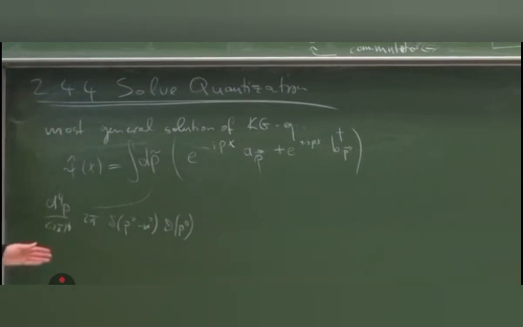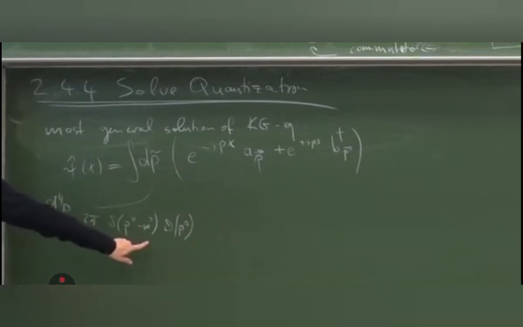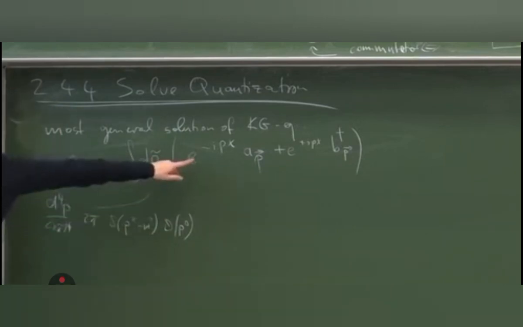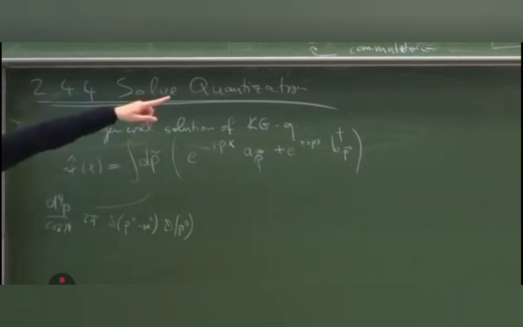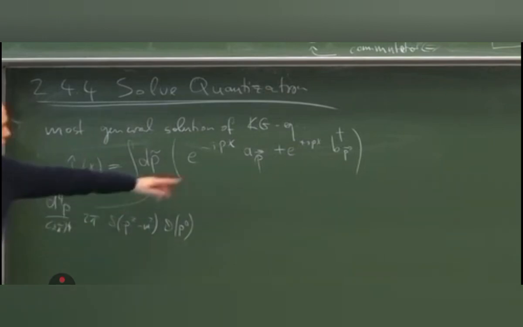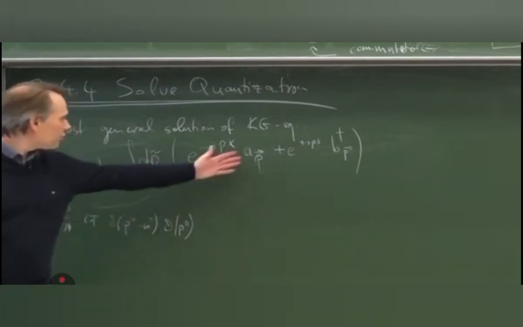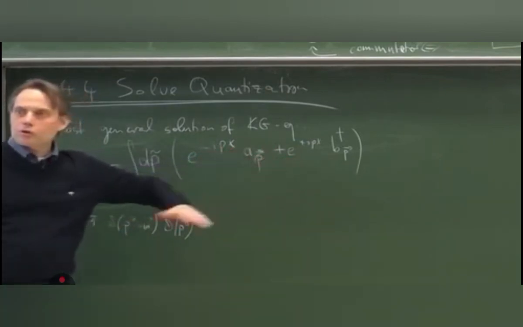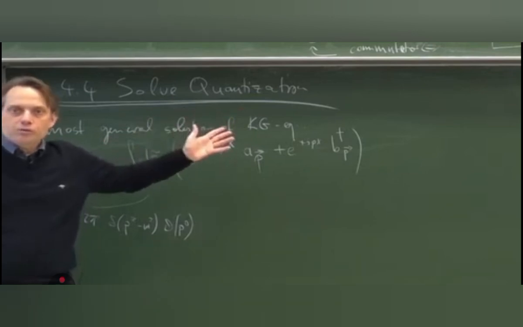So this is a manifestly Lorentz invariant way to write it, and because of the delta function here, in the Fourier modes we only get modes which satisfy the Klein-Gordon equation. And therefore this ansatz manifestly satisfies the Klein-Gordon equation, but it's also the most general solution. And at this point, these A and B are completely arbitrary Fourier components.